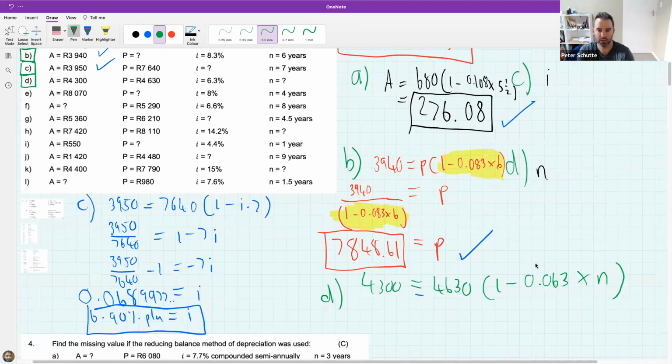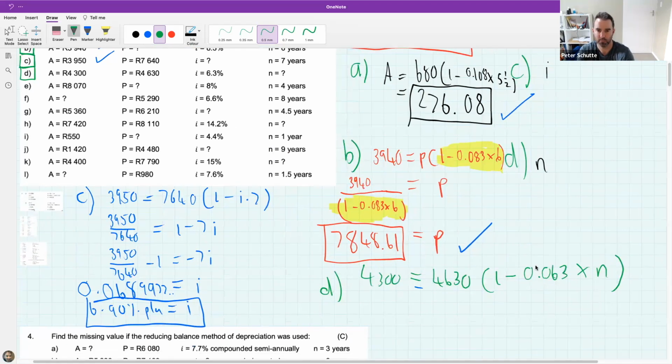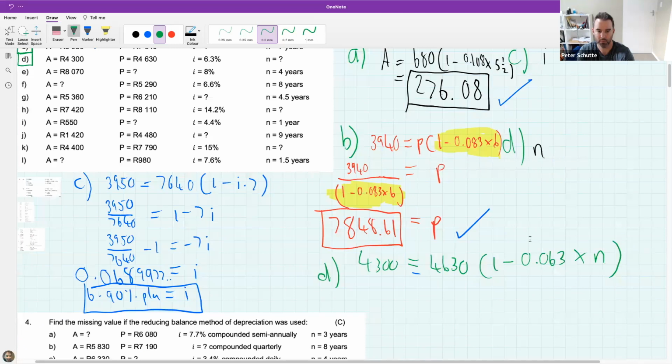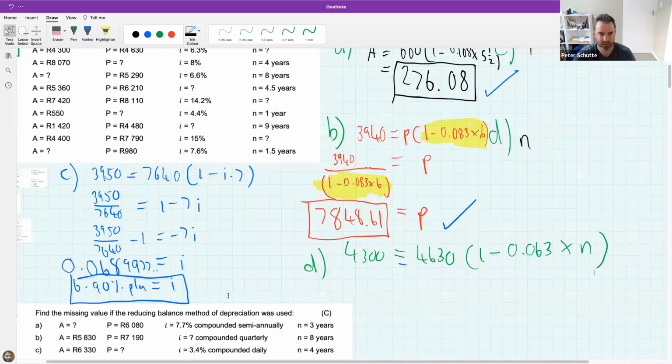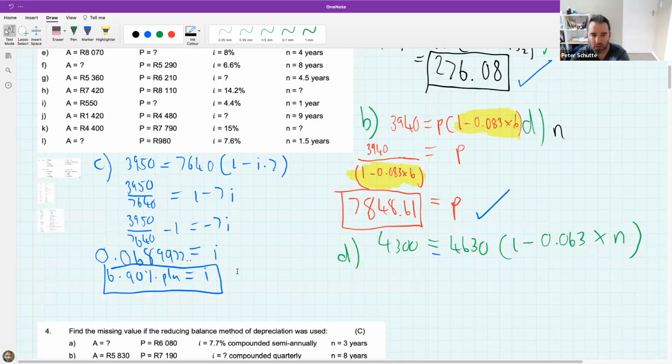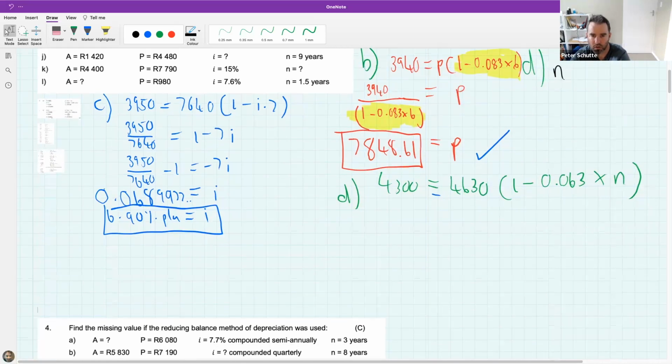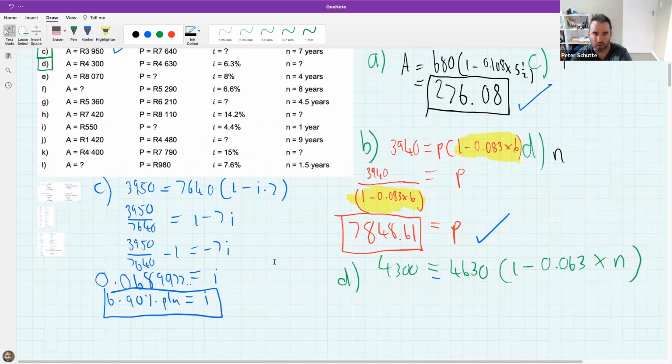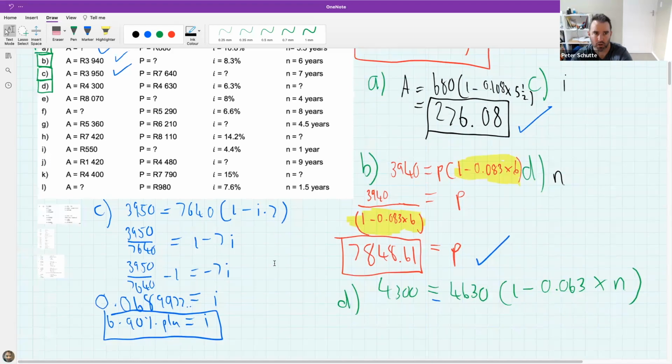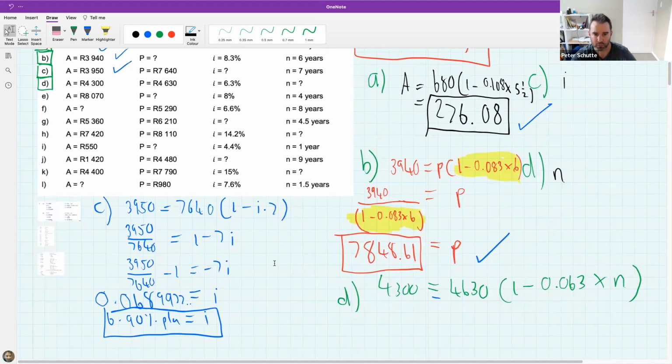I'm just going to zoom in a little bit. Let me move this out of the way. What do we think N is going to be for the D?